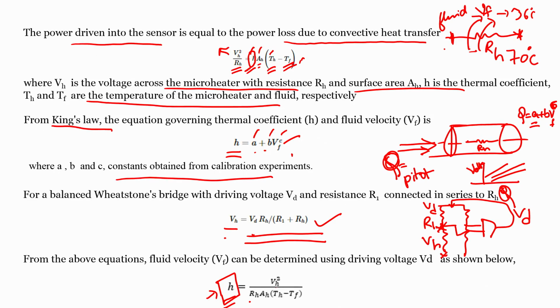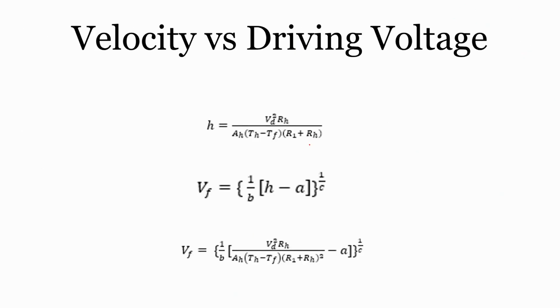We know h in terms of the heater voltage, but how can you substitute VH in terms of the driving voltage, because we know VD from this output. So, eliminating VH from this equation, we substitute VH in terms of VD.